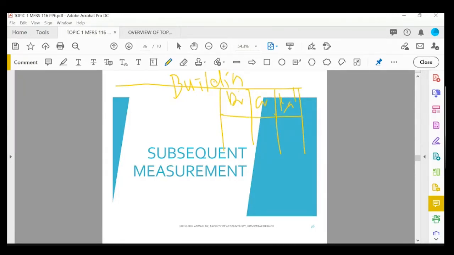When we first purchased the asset in year 2010, we recorded the cost of asset, let's say purchase for cash, of 12 million.